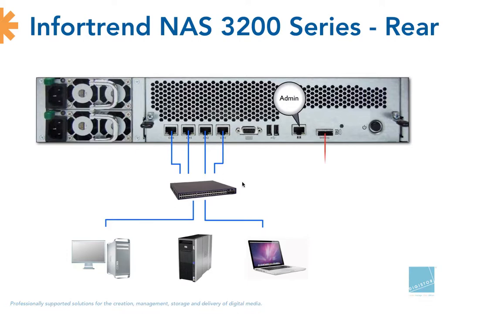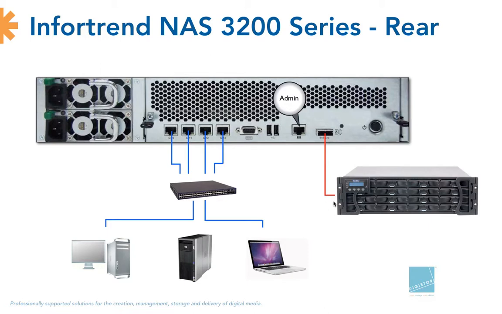And then this is the expansion port where you would add extra storage. So it's fairly simple, fairly easy to connect. And let's take a look at how you would set up the users.